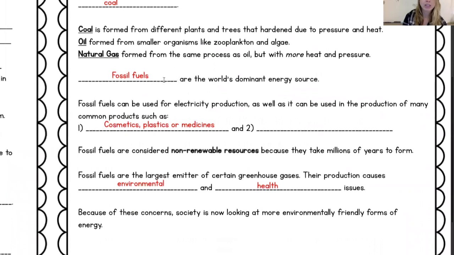Next sentence, fossil fuels are the world's dominant energy source. Now, based on what that lady said, do you think this is a good thing? Is it good that fossil fuels are the most important energy source in the world? Now that's debatable because she did say that they can run out. And do we see any dinosaurs or anything that can go die so we can have more in our lifetime?